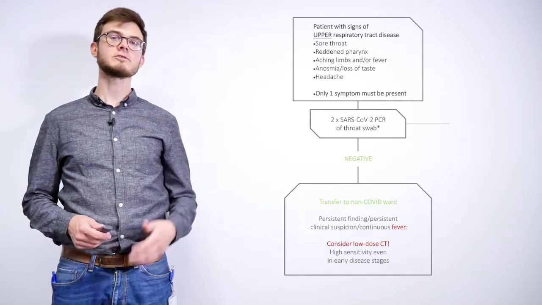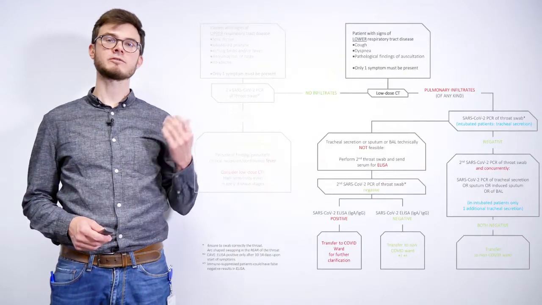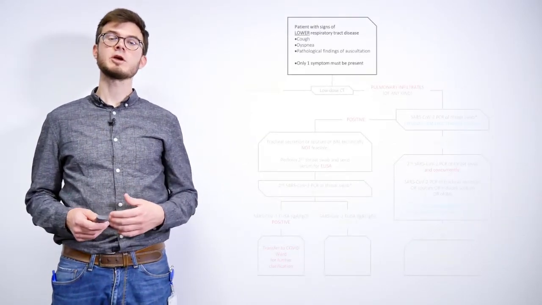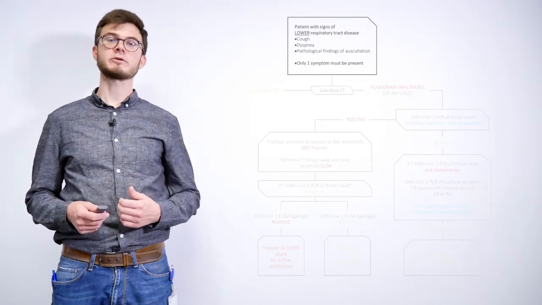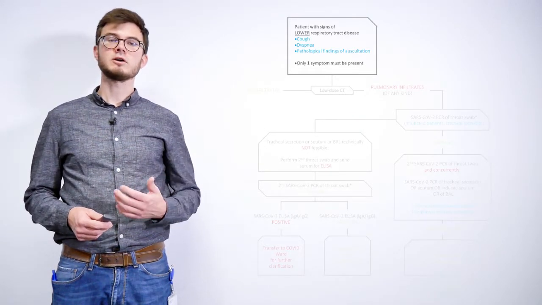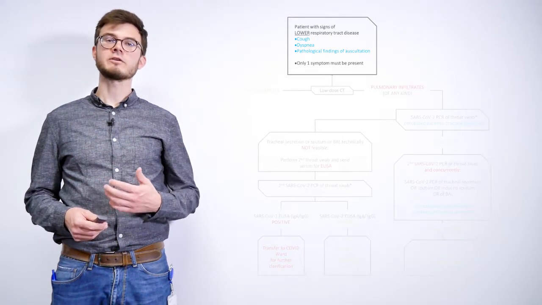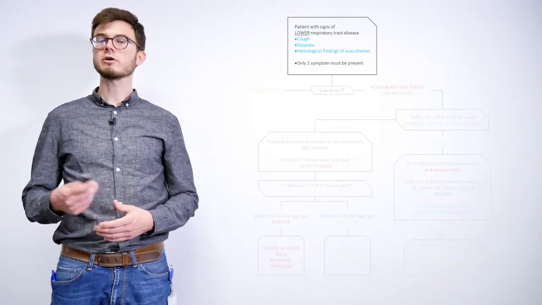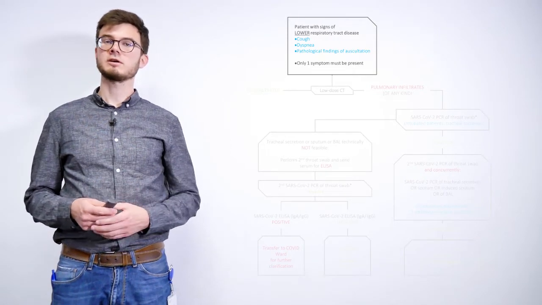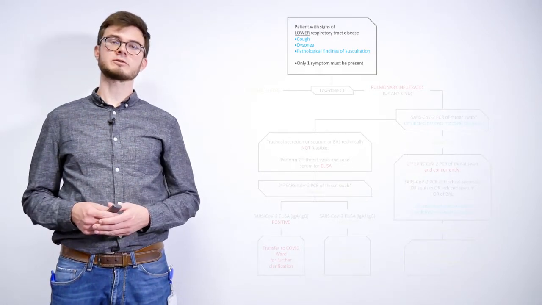I'd like to present to you now the right side of this flow diagram, where we have the patient population presenting with symptoms of a lower respiratory tract infection, such as dyspnea or also fever and productive cough, or also abnormal findings on physical examination, such as abnormal findings on pulmonary auscultation.